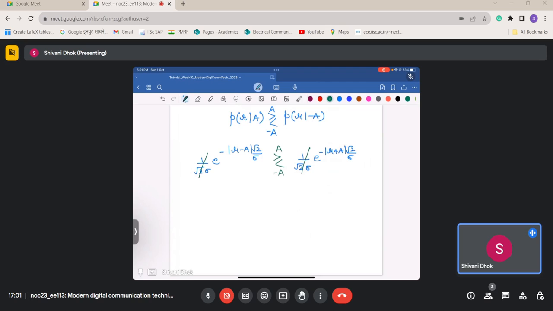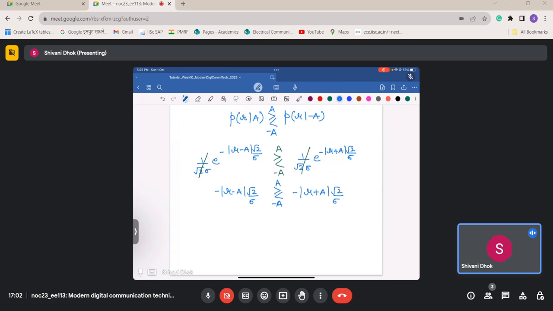Now as log is a monotonically increasing function, so this log looks something like this. This is the log function. If I take log on both sides, then the inequality won't be flipped; it would remain the same. So if I take log, this will be equal to minus magnitude of r minus a times root 2 by sigma is greater than or equal to minus magnitude of r plus a times root 2 by sigma.